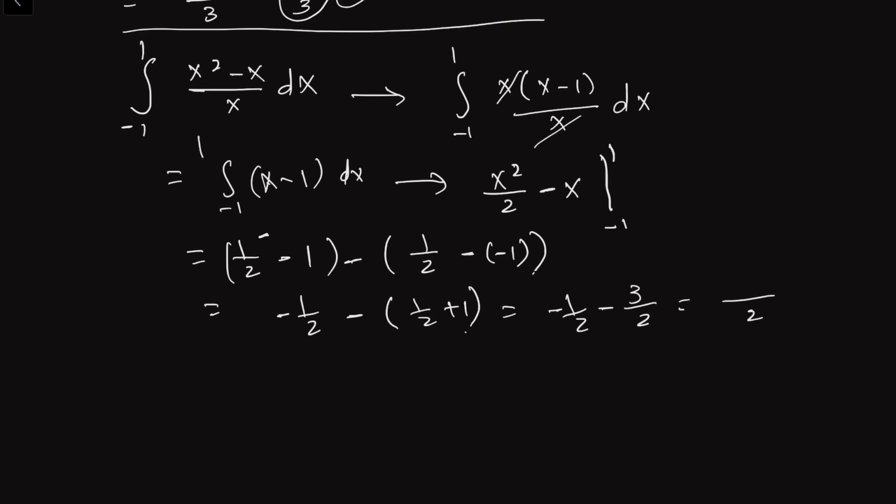Then minus, minus 1 squared. This is 1 over 2 minus x minus 1. Okay. So this will be -1/2. Then minus 1/2 plus 1, that's 3 over 2.